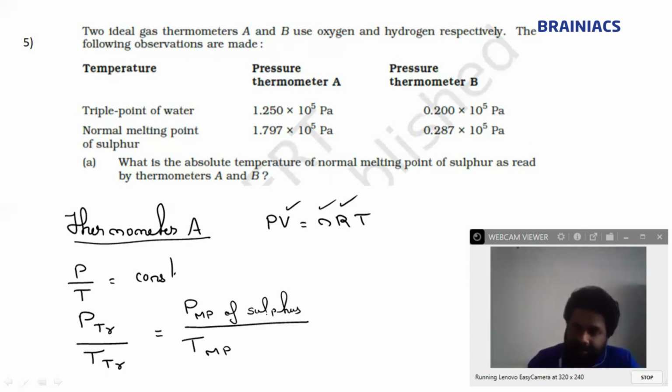Now all these data are there except the temperature, so we can find it out. When we substitute the values, we will get 1.25 into 10 raised to 5 divided by 273.16. This is the triple point temperature.